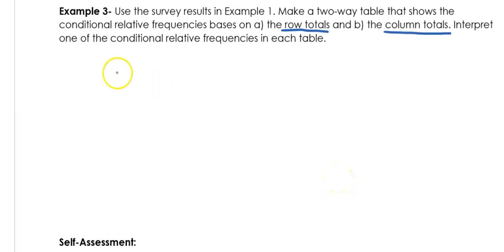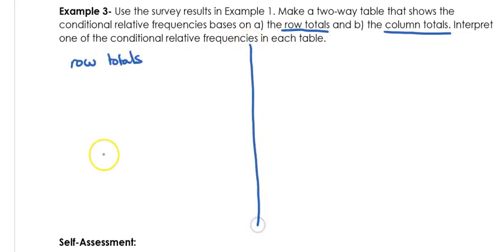Okay, just to set this up real quick, I'm first going to do the row totals, and I'll show you what I mean. We are going to have our attending, and remember that was yes and no. Then we had our juniors and our seniors.